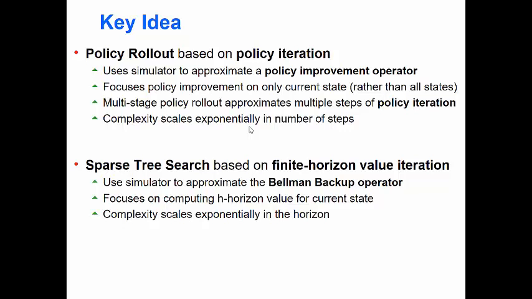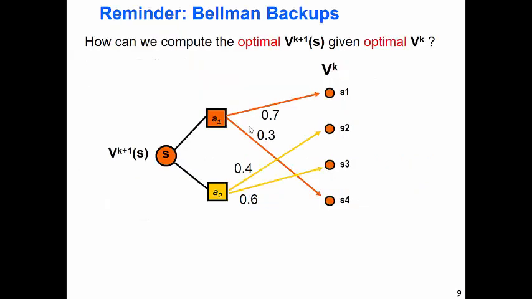If you remember, finite horizon value iteration computed values for all the states in the state space at every layer. We're going to focus on just computing the value and the action for a particular state. So it's going to be more focused. And the complexity, the time that we have to think at each decision point, is going to scale exponentially in the horizon that we care about. So let's see what that looks like.